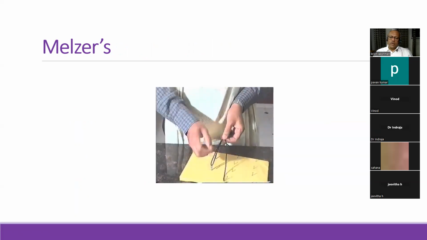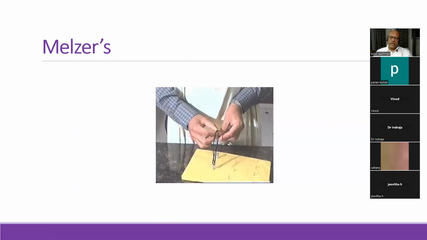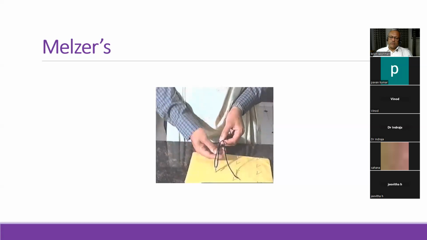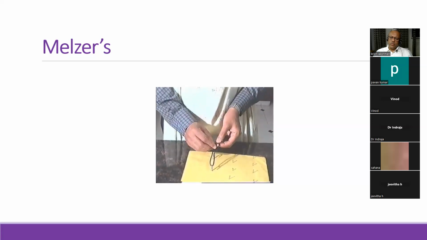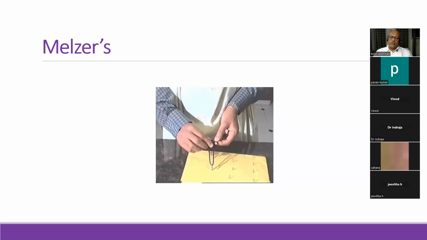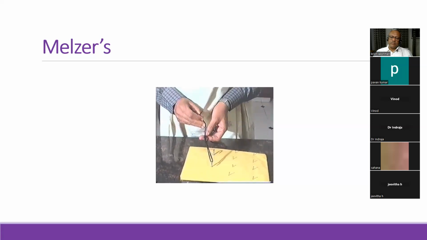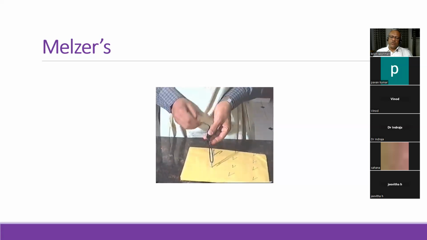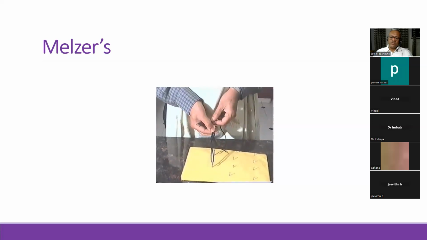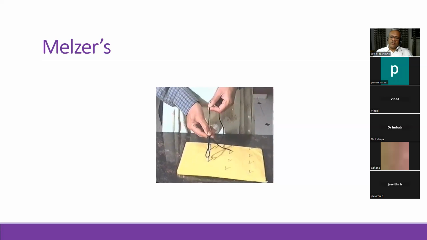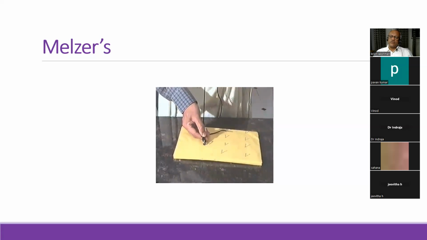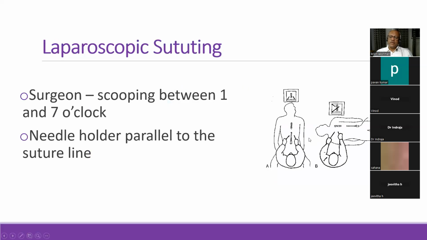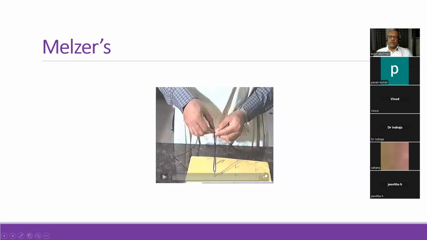And you go one round, and on the second round, you put a lock. Actually, I have put two rounds here, but it's actually only one round in a Roeder's knot. Then bring it up like that and bunch the whole thing down. That is bunching that knot. Then push it down. That is a Roeder's knot. So you have to keep practicing this. That's all that there is to it.